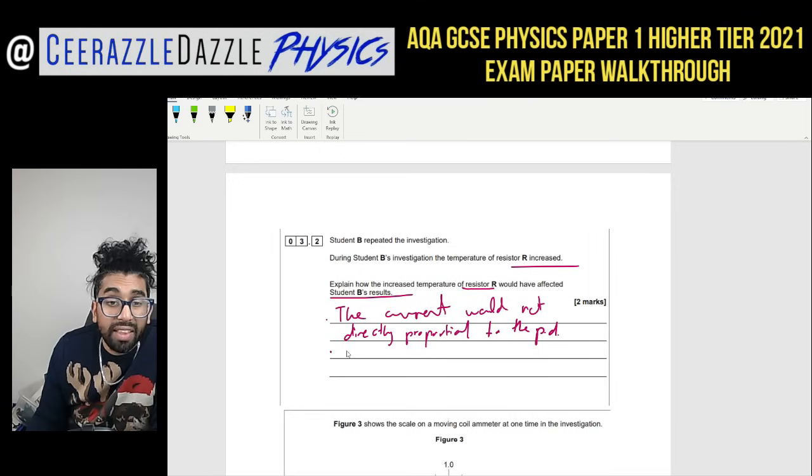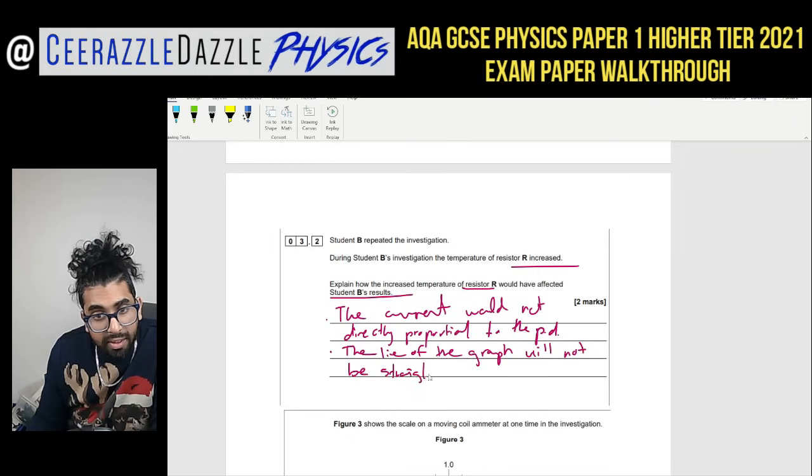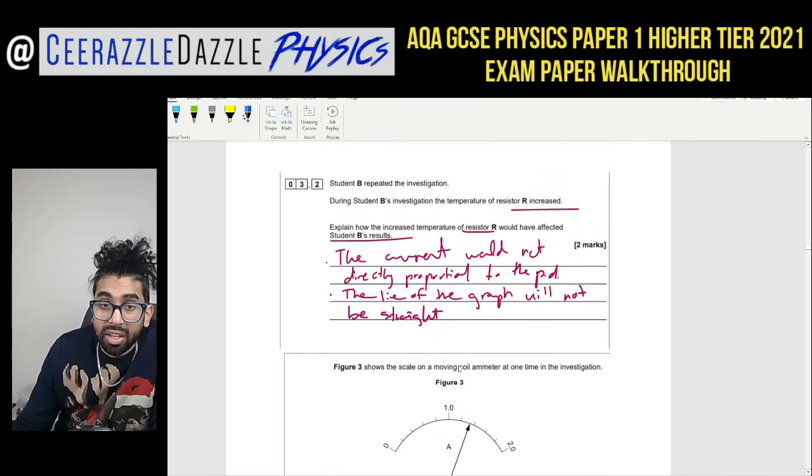And therefore, you can also talk about the line not being a straight line. So the line of the graph will not be straight. Here we go. Excellent stuff. Right, now, okay, next one.